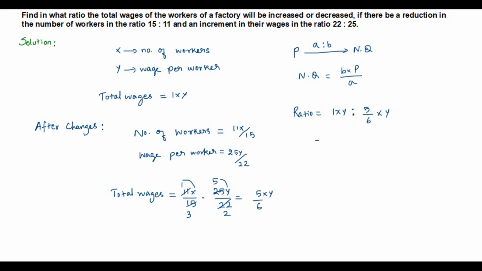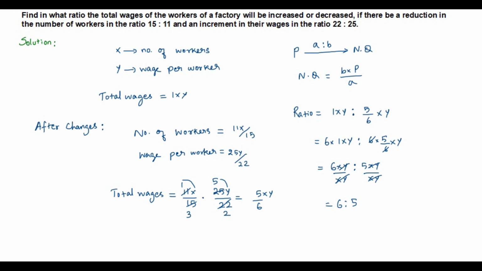For that I multiply both the terms of the ratio by 6. When I multiply by 6, the 6 and 6 can be cancelled. 6 times 1XY is going to be 6XY is to 5XY. Now there is a common divisor XY for both the terms of this ratio, so we can divide both the terms by XY. So we get 6 is to 5, because XY can be cancelled.